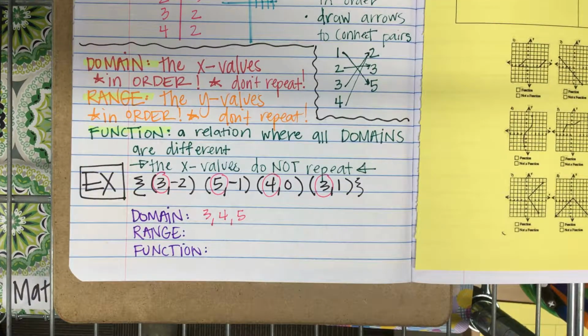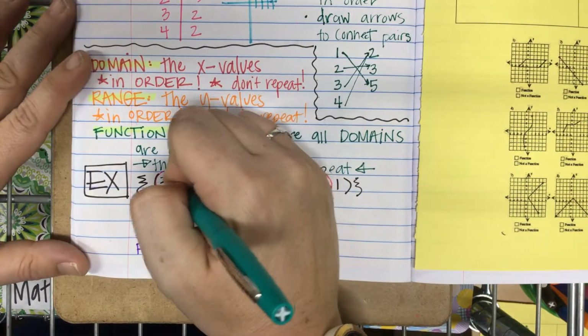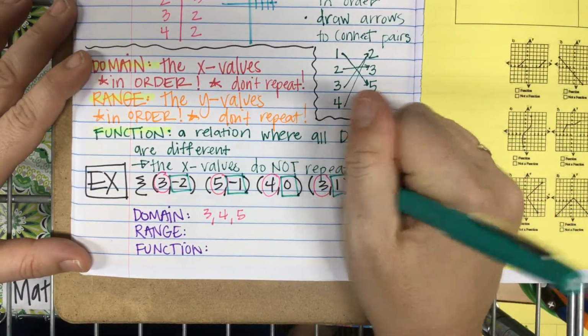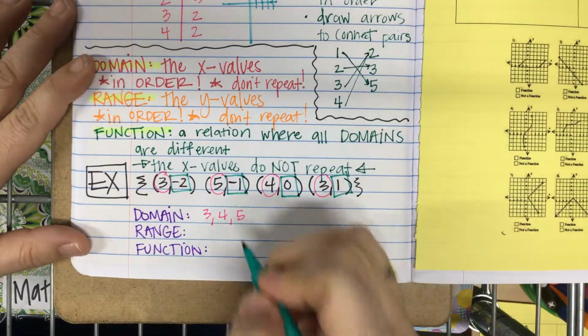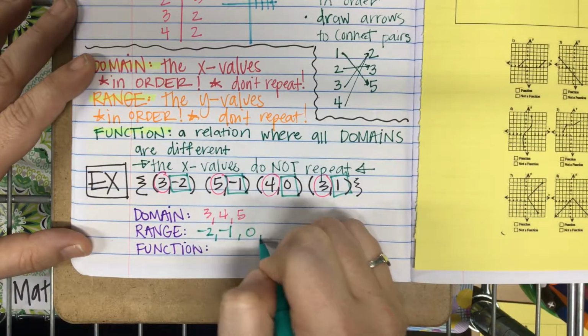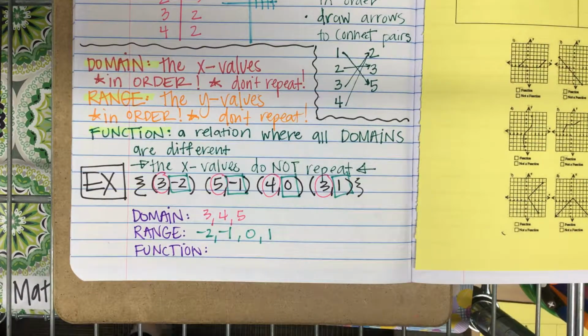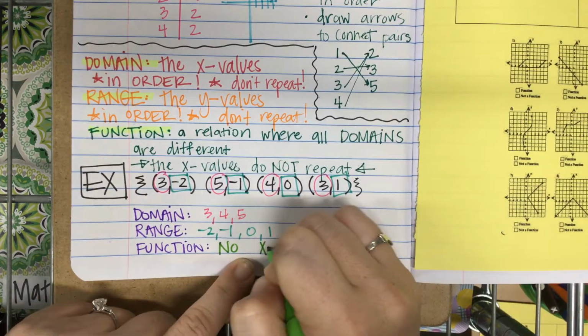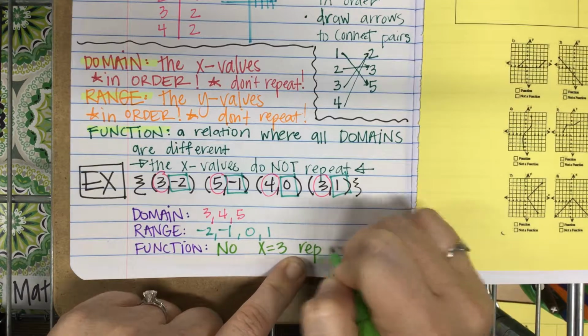It's hard. My range, -2, -1, 0, and 1. When I put them in order, -2, -1, 0, 1. And is it a function? Is each domain different? No. X equals 3 repeats.